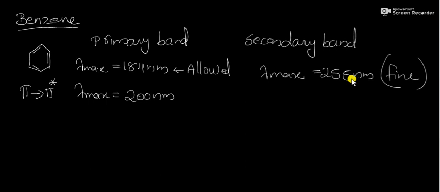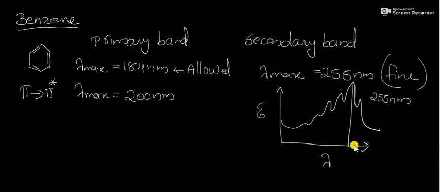The only absorption with fine structure seen in the 200 to 800 nanometer region of the spectrum of benzene is the secondary band. The fine structure arises due to vibrational effects on the pi to pi star transition. This is the UV visible spectrum of benzene showing vibrational fine structure.